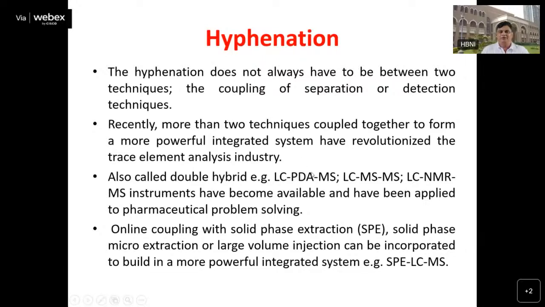And there is the online coupling of solid phase extraction. Before injecting your sample itself, you are doing the pre-concentration. So solid phase extraction, solid phase microextraction, or large volume injection can be incorporated. Instead of feeding your samples directly to the LC-MS, you can have solid phase extraction, solid phase microextraction, or large volume injection, and those can be coupled with the LC-MS.